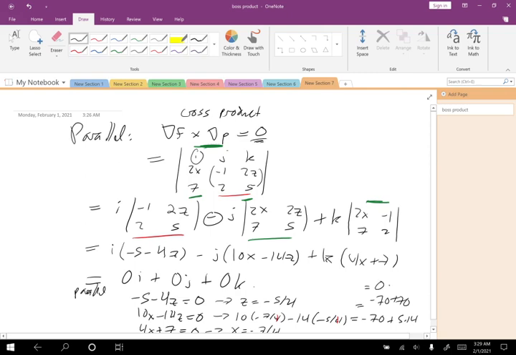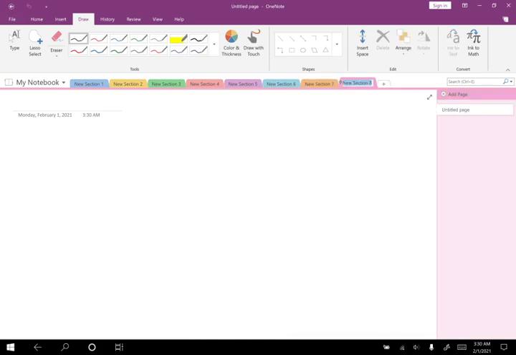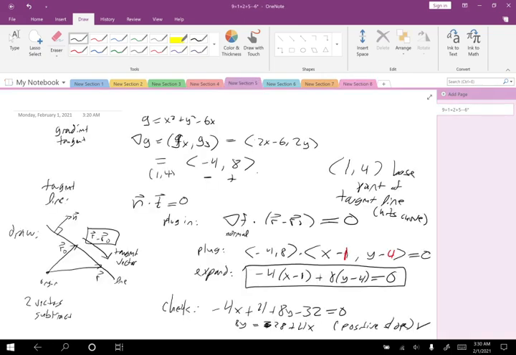This is 0. That is what we want. By the way, this remaining equation, if it's not 0, no solution. But we were lucky this time. There was a solution.